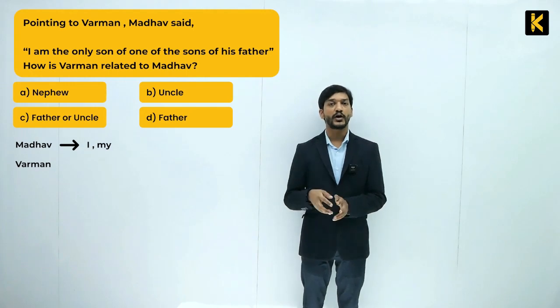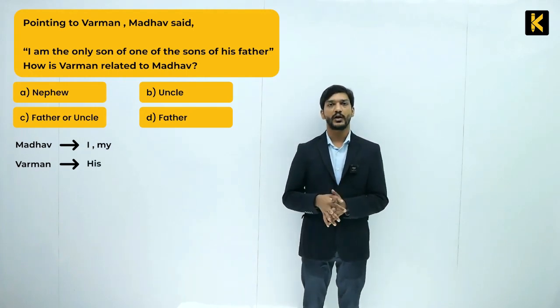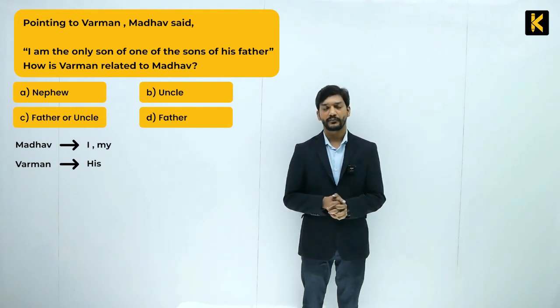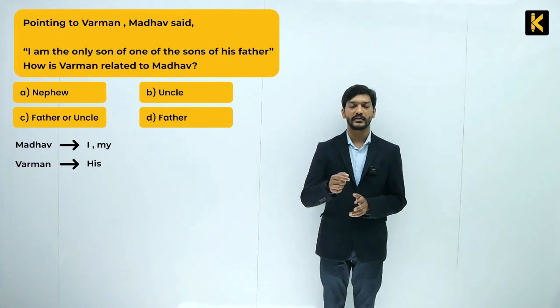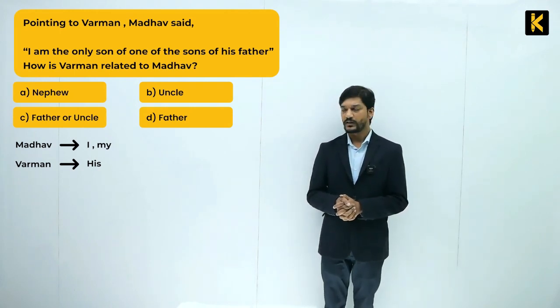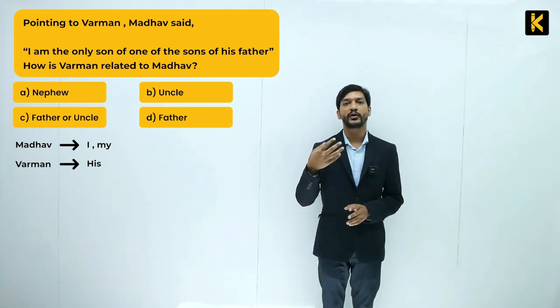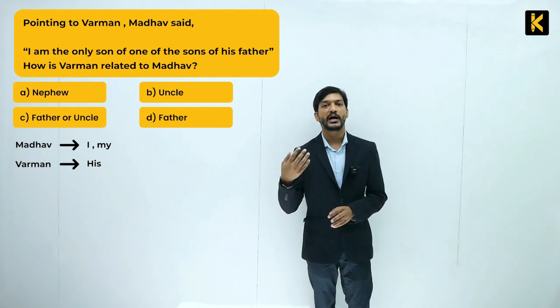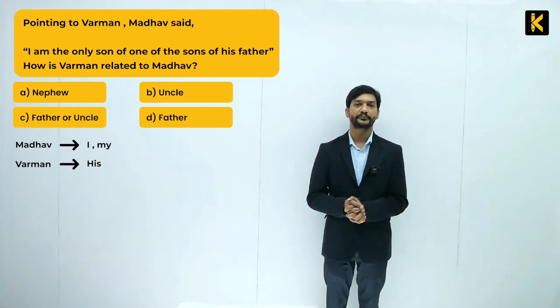So for that person, Madhav will be using the word his or he. So in case these two words are present, he or his, that word is for Varman.